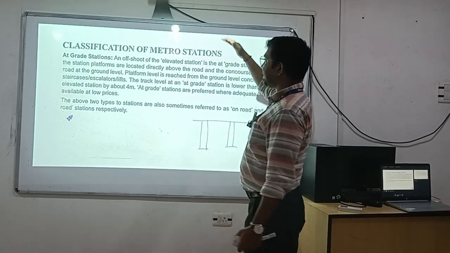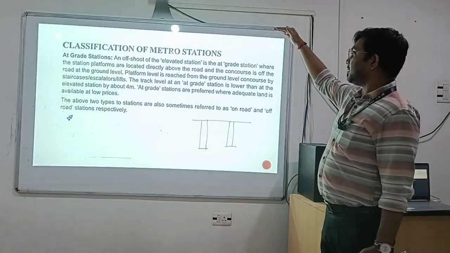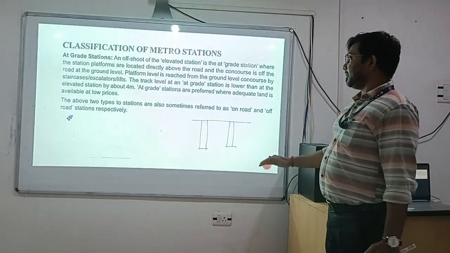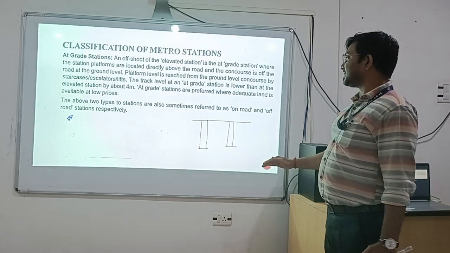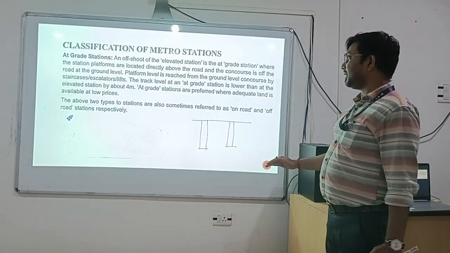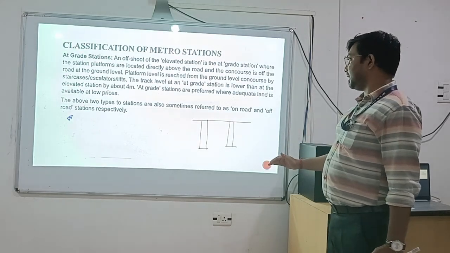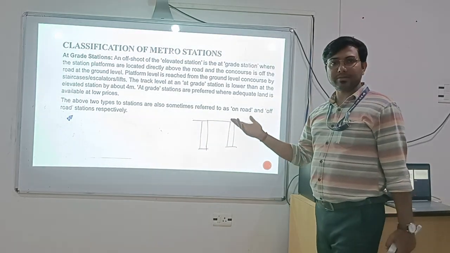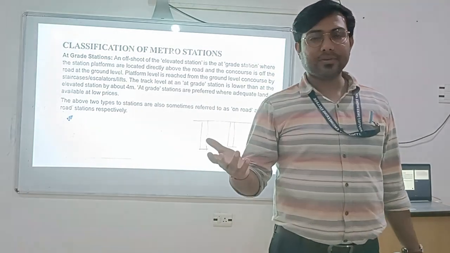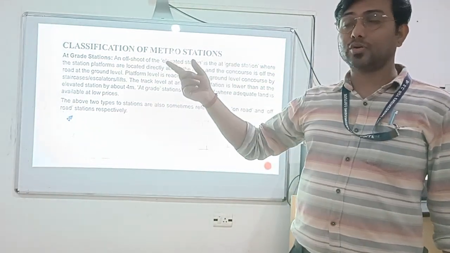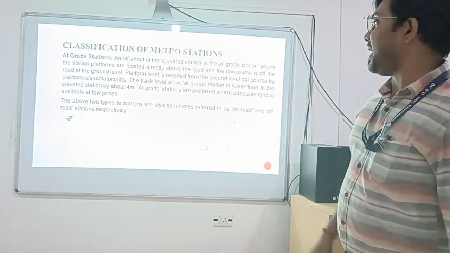That means if in the elevated station the track is there, in the at-grade station the track may be about 4 meters lower, because one level is missing. The separate concourse level is missing in the case of an at-grade station.